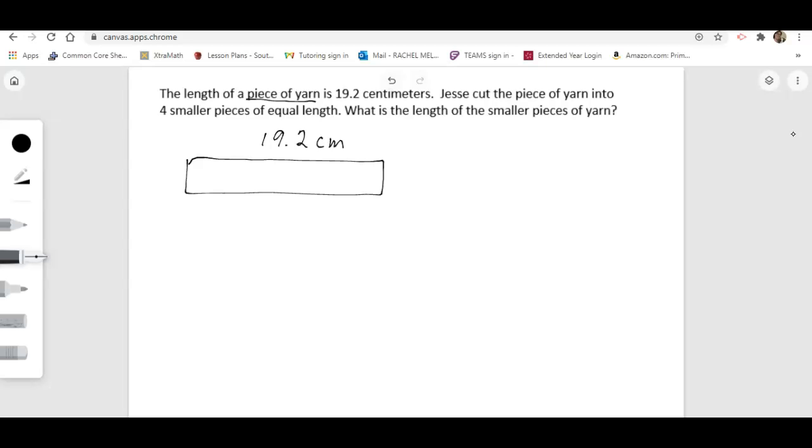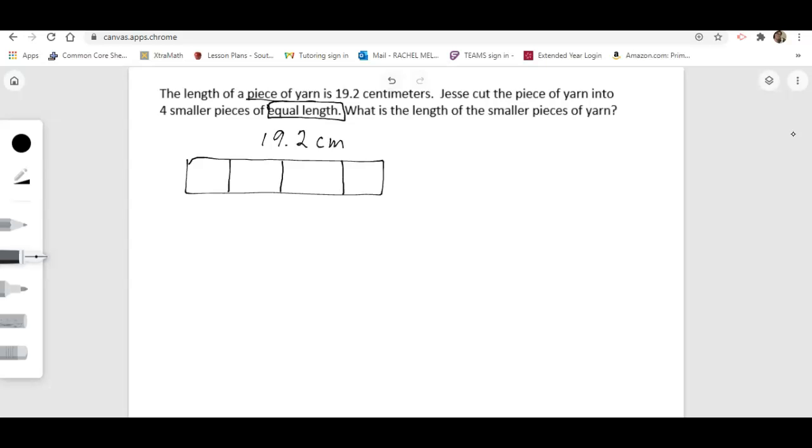Then they're also telling me that they took that piece of yarn and they cut it into 4 smaller pieces of equal length. Okay? Meaning that every piece, when they cut it, is all the same. So all 4 of these pieces are equal.